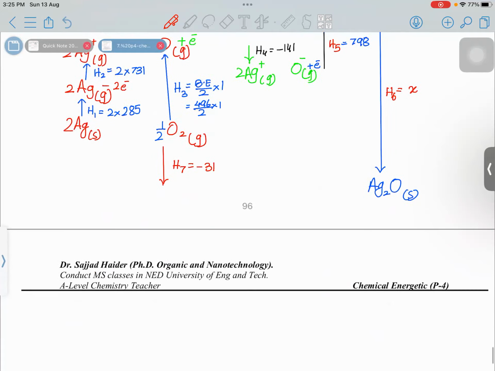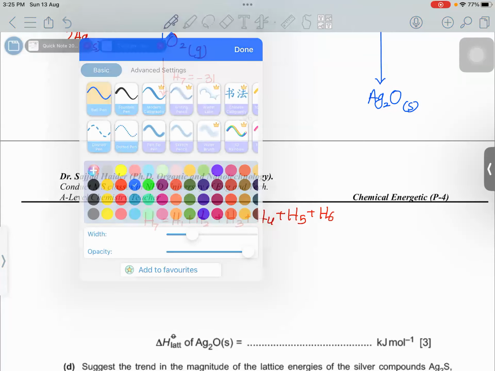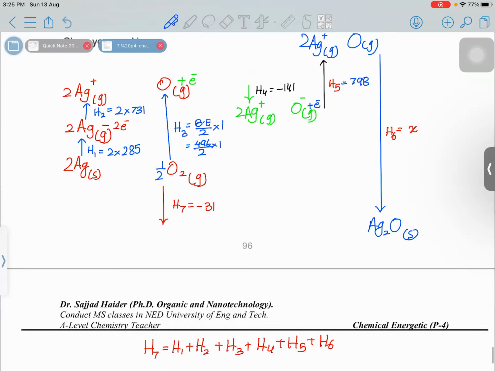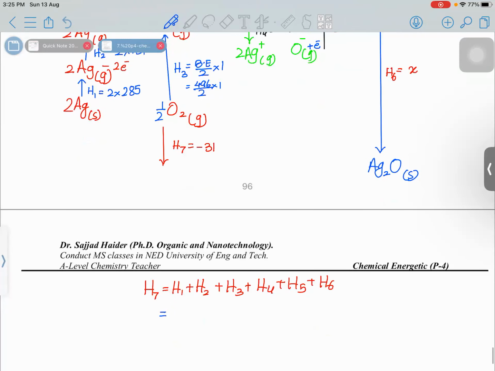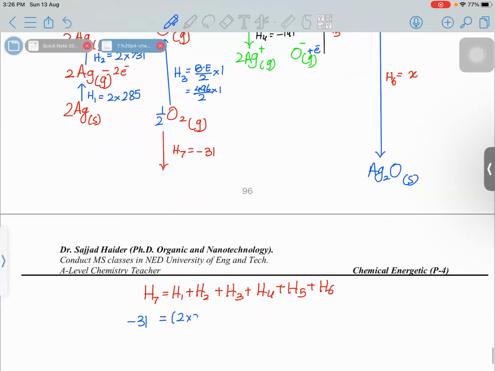So H7 is formation. Now, can you tell me the formula? H7 is equal to H1 plus H2 plus H3 plus H4 plus H5 plus H6. Now, what is H7? Minus 31. What is H1? 2 times 285.